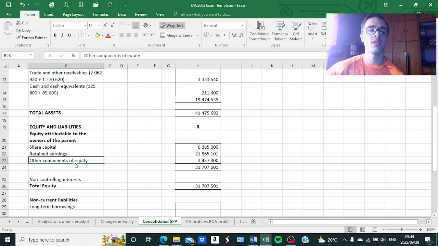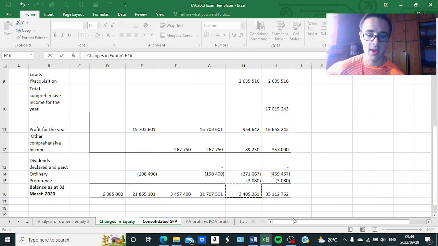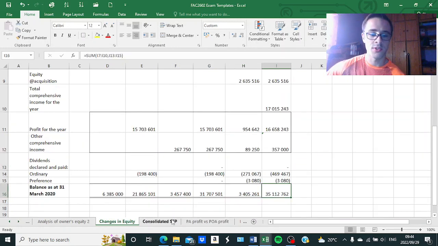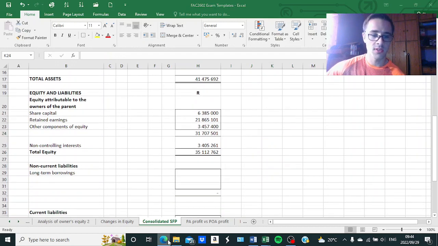Okay, remember we do not show the item revaluation surplus because there can be other components of equity. So on your consolidated statement of changes in equity, you just keep it as other components of equity. But you know that revaluation surplus forms part of that amount. And then for non-controlling interests, we have calculated that to be 3,405,261, giving you total equity of 35,112,762, right, which corresponds.